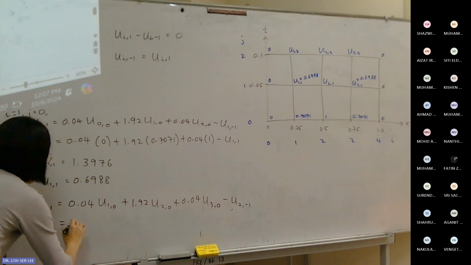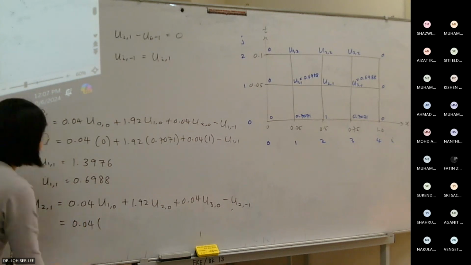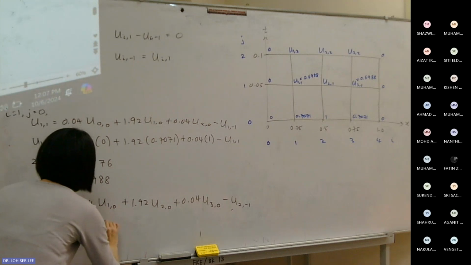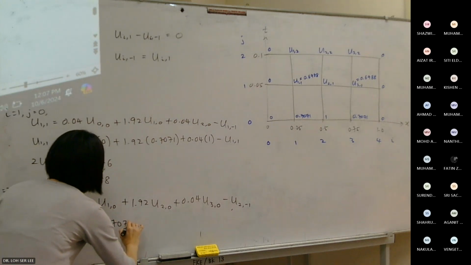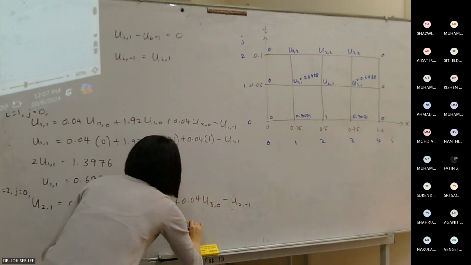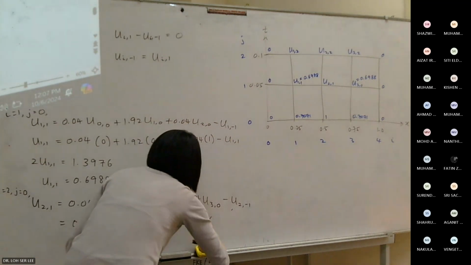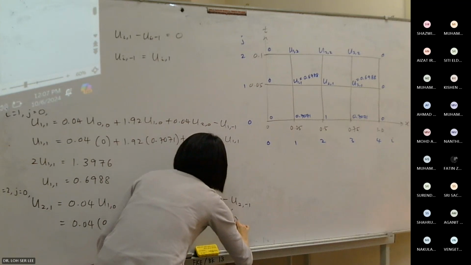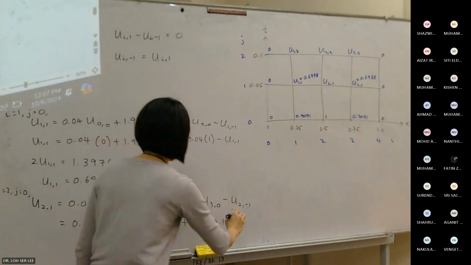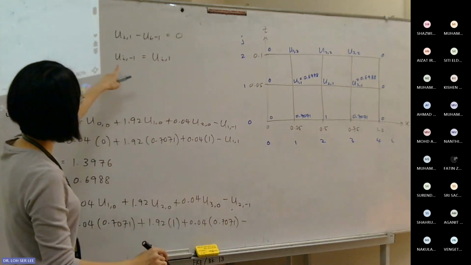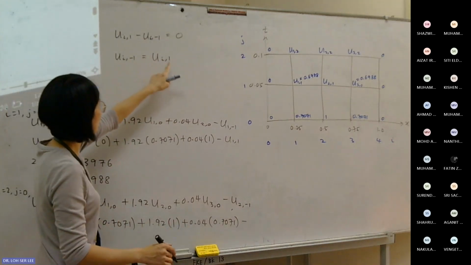Then substitute the 3 points first. Your U2 negative 1 is also U21.